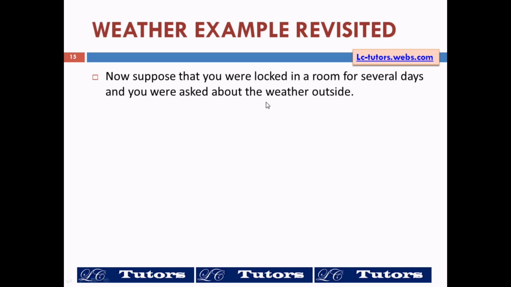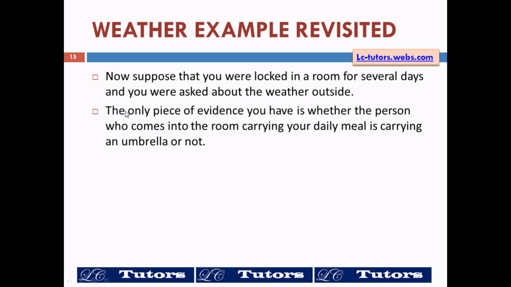Here a similar thing happens: you are in a locked room, you don't know what the weather is outside, so you need to have some observation. The observation in this particular case is the only piece of evidence you have: whether the person who comes into the room carrying your daily meal is carrying an umbrella or not. So a person comes to give you food, and he brings an umbrella depending on the weather outside.